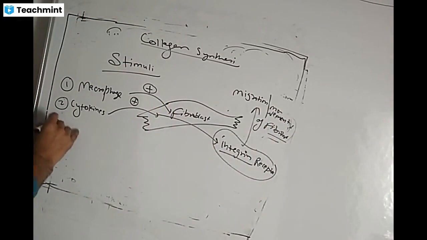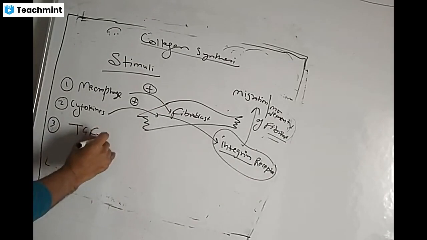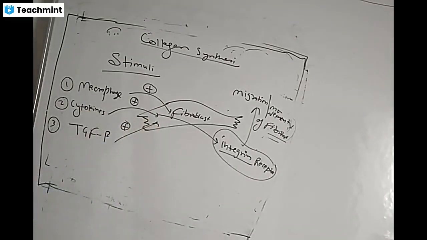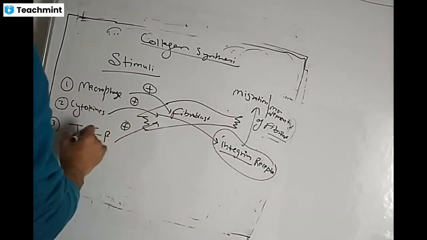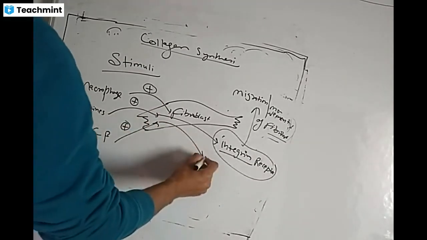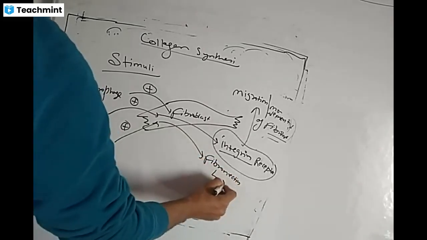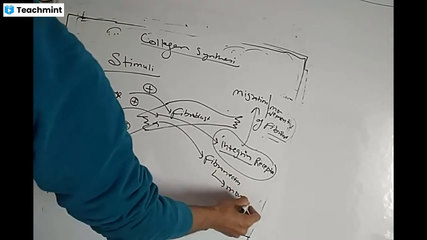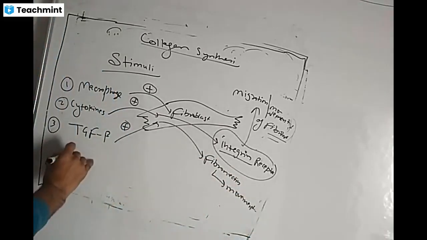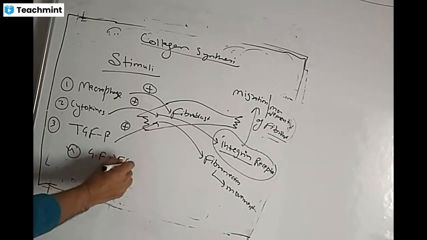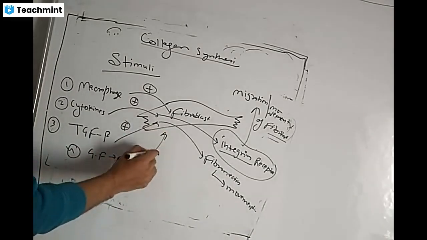The third stimulus is your transforming growth factor beta. It also stimulates fibroblast. Under the influence of this TGF beta, it will secrete some molecule, fibronectin. They also help in the movement of the cell. Number 4, some growth factors like fibroblast growth factor. They also stimulate.